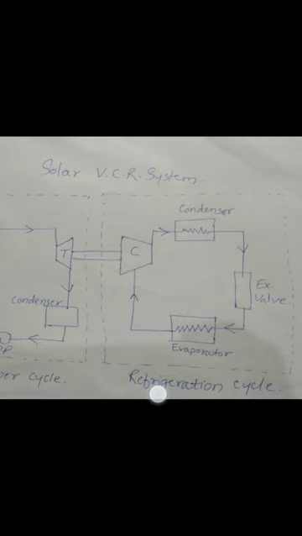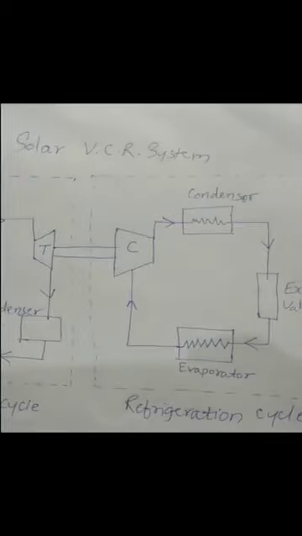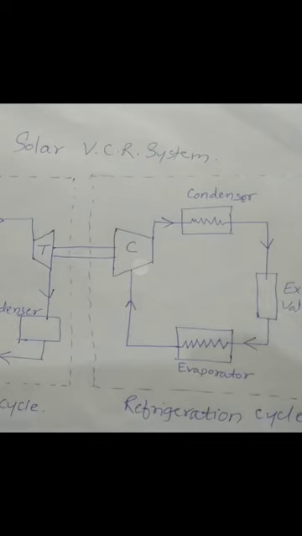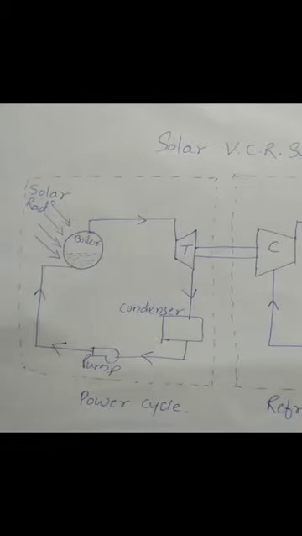Now the solar VCR system has two parts: one is a power cycle and the second is the simple refrigeration cycle as we studied. We know that the compressor has a power requirement, so that power comes from the turbine, and this is your power cycle.